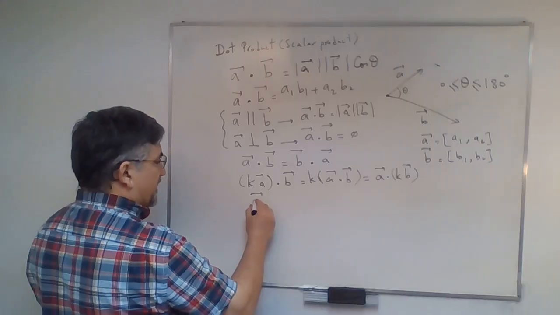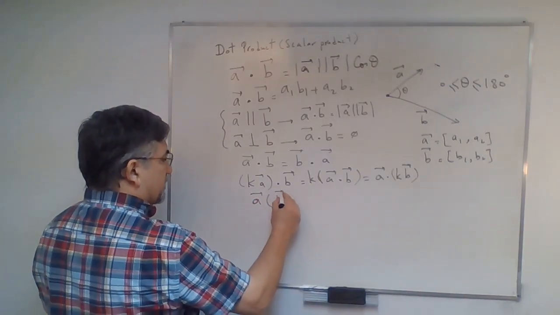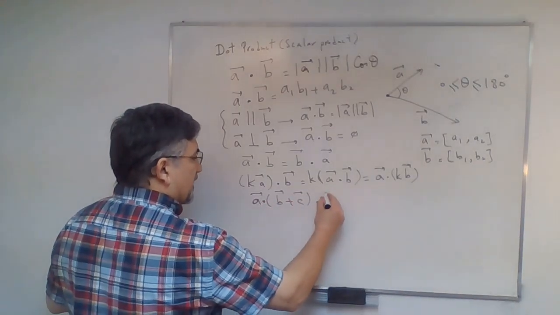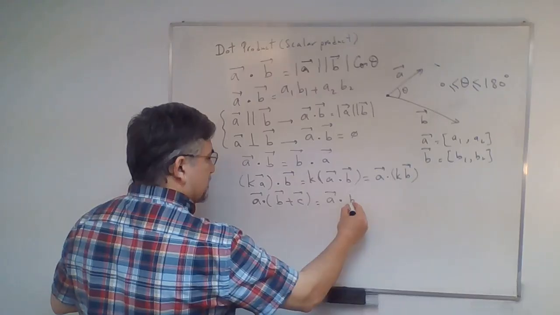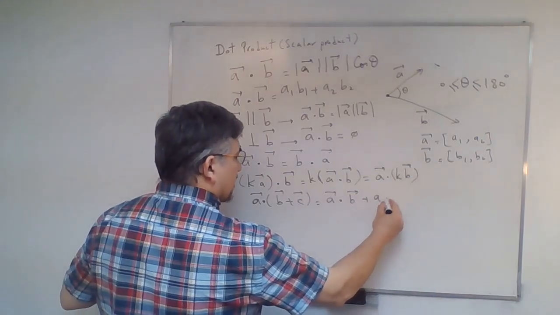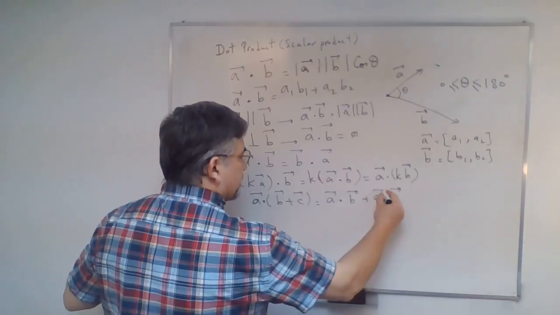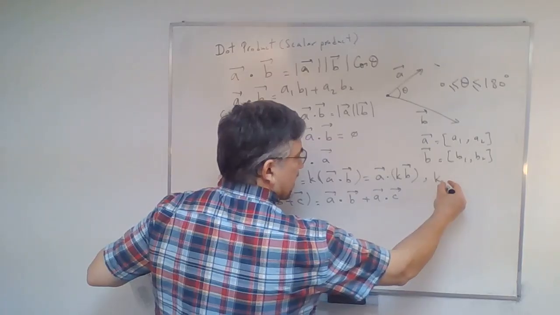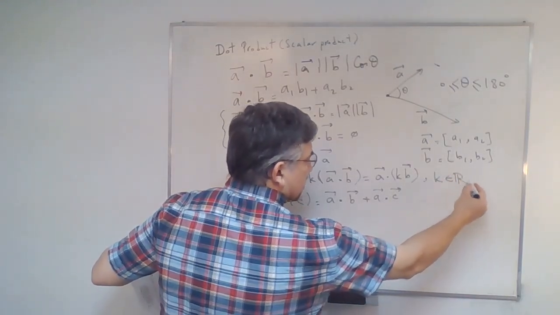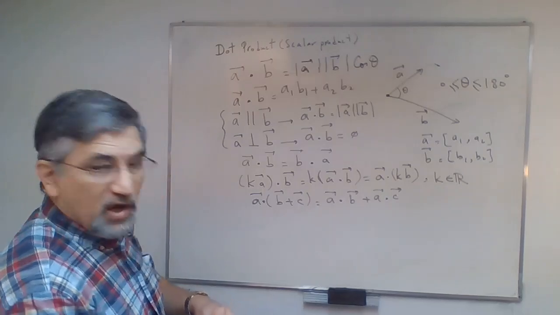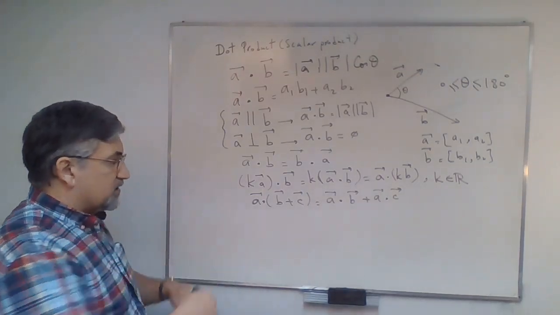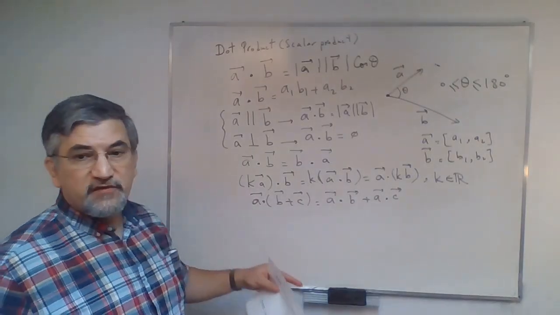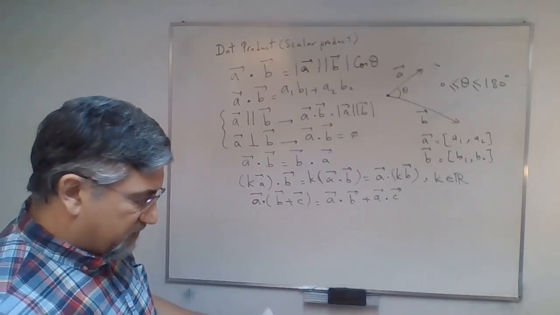So if you have three vectors, A dot (B plus C) would be A dot B plus A dot C. So this is another property. And K is a real number, a constant. It can be positive, negative, or zero. And the distributive property is for three vectors, A, B, and C.